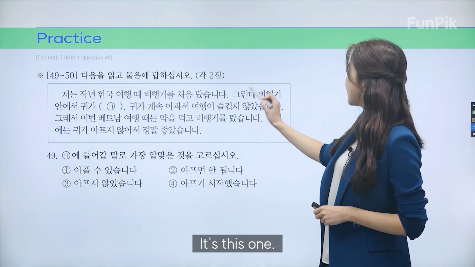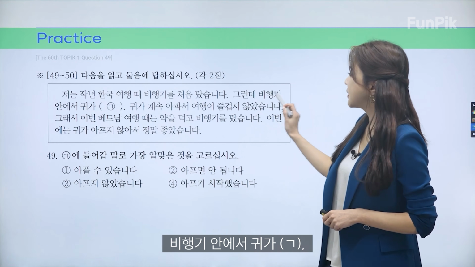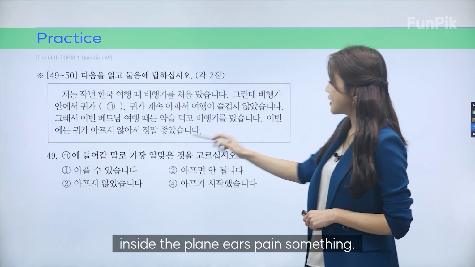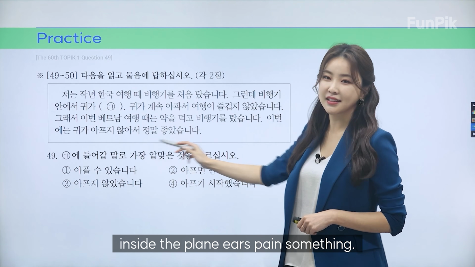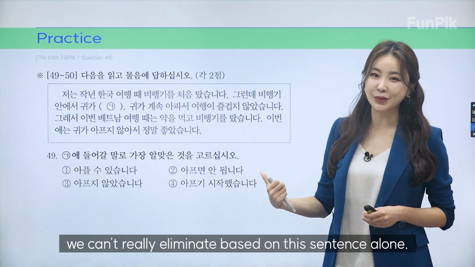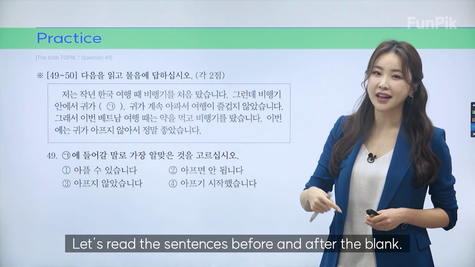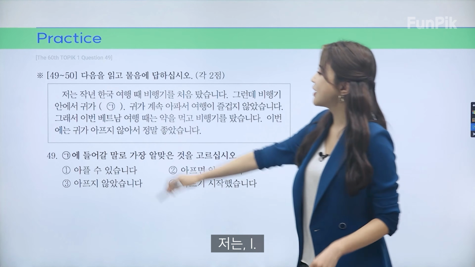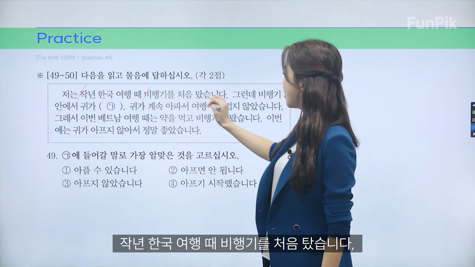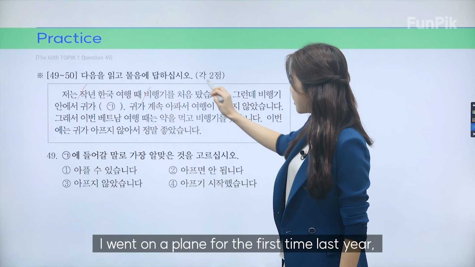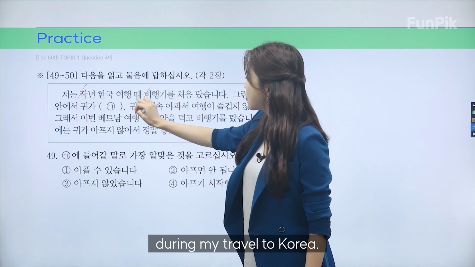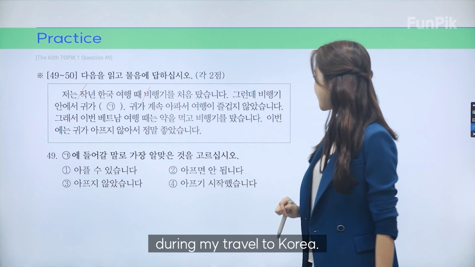Now read the sentence with the blank. It's this one. 그런데, but, 비행기 안에서 귀가 something. Inside the plane, ears, pain, something. We can't really eliminate based on this sentence alone. So let's read the sentences before and after the blank. 저는 작년 한국 여행 때 비행기를 처음 탔습니다. I went on a plane for the first time last year during my travel to Korea.